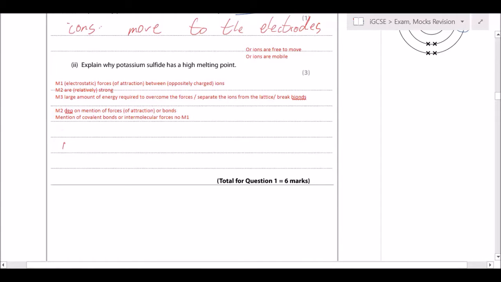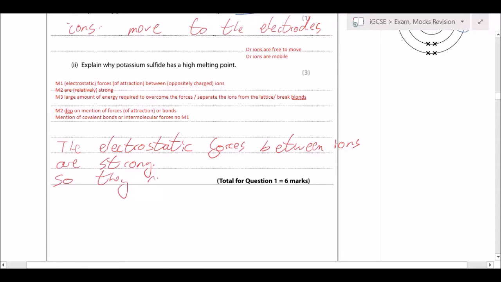Okay, so my model answer would be something like: the electrostatic forces between ions are strong, so they require lots of energy to overcome, and that'll be your 3 marks there.